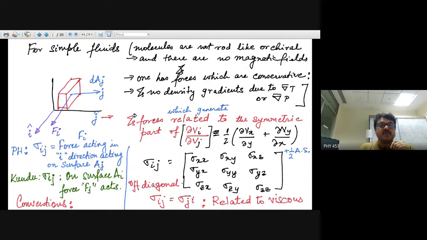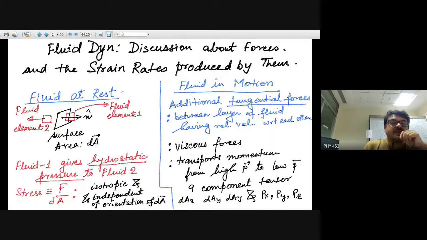This force which is acting has its origin in molecules moving and colliding against the molecules on the right hand side of the surface, and that creates a certain hydrostatic pressure. So fluid element 1 gives hydrostatic pressure to fluid 2, and fluid 2 in turn gives hydrostatic pressure on fluid 1.